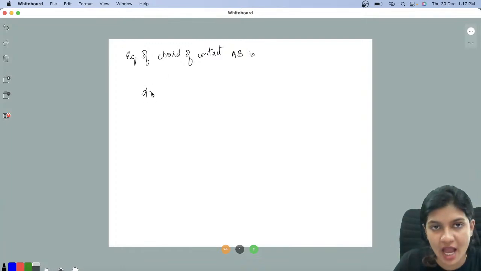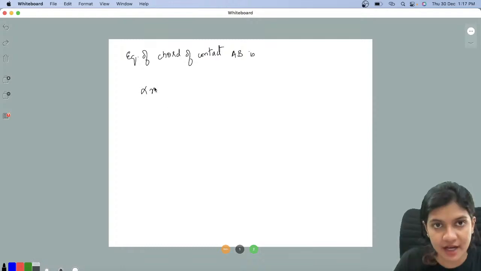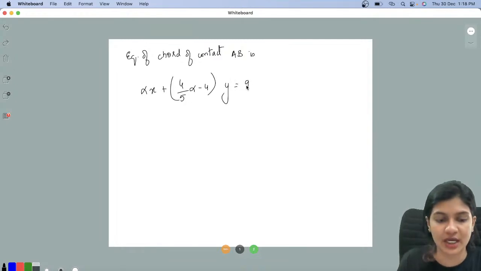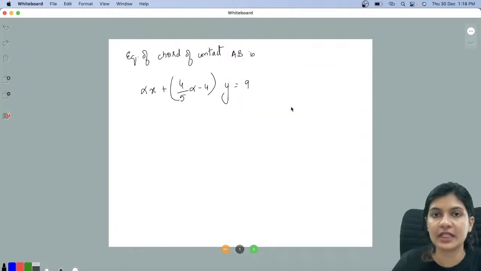It will become alpha x plus 4 by 5 alpha minus 4 times y equals 9. Let me consider this as my first equation and this as my second equation.